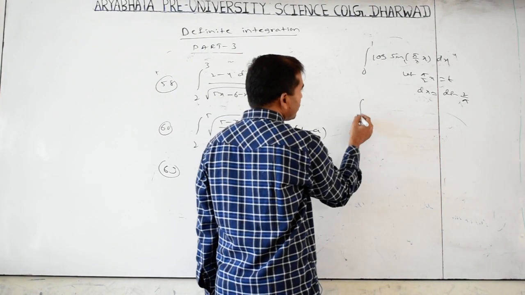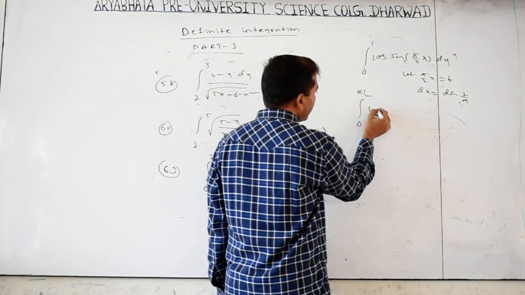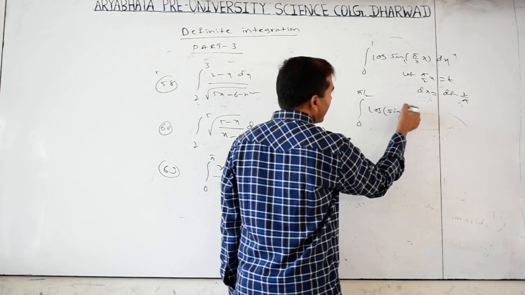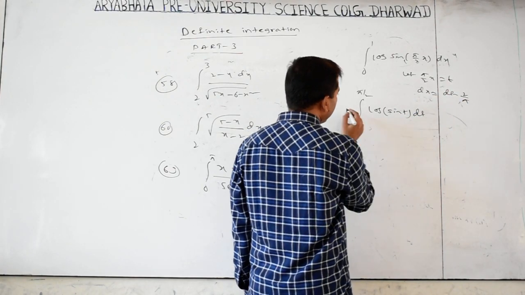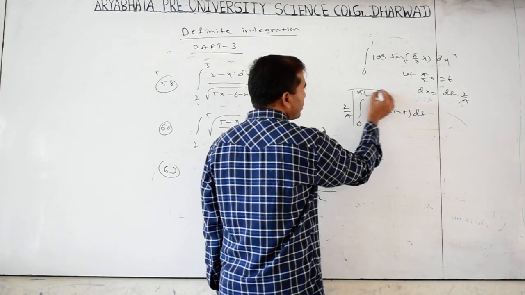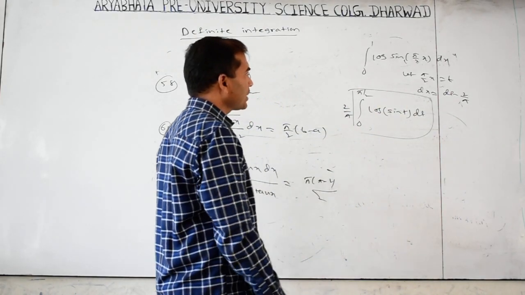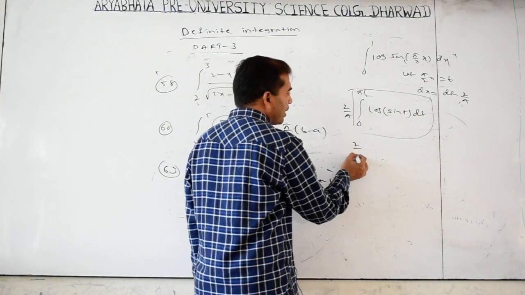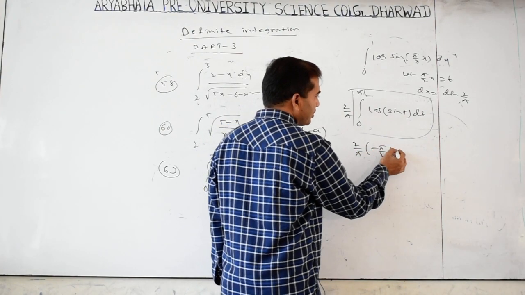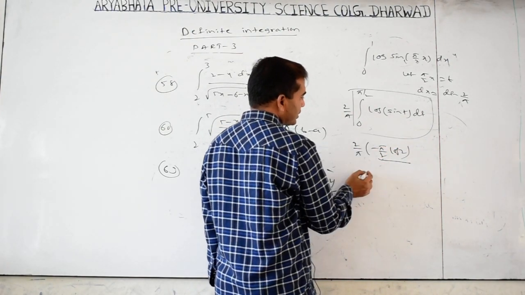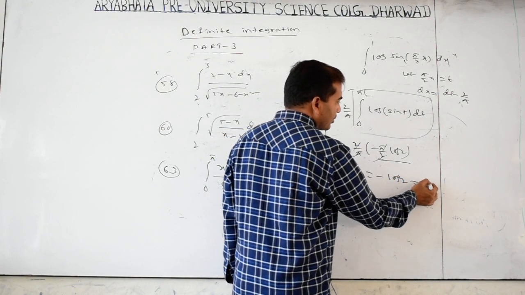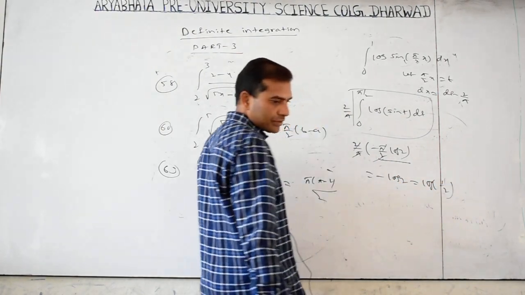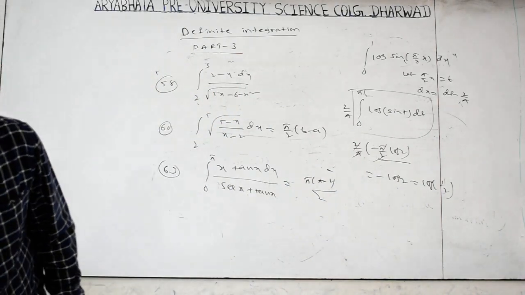Lower limit is 0, upper limit is pi by 2, log of sin t, into 2 by pi. This formula you know: 0 to pi by 2 of log sin t dt equals minus pi by 2 log 2. So 2 by pi into minus pi by 2 log 2. Pi gets cancelled, 2 gets cancelled. The answer is minus log 2, or log of 1 by 2. Over.